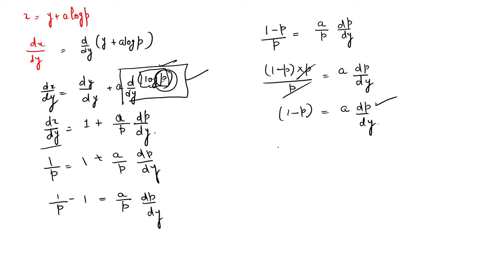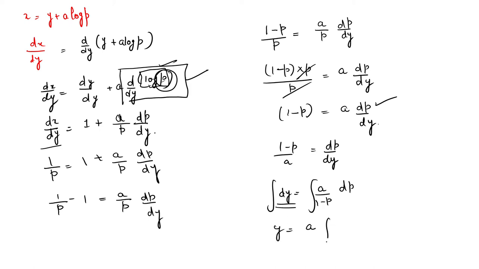How can I rearrange? (1 minus p) divided by a equals dp by dy, so it should be dy equals a over (1 minus p) dp. After this, you have to just integrate it out. If you integrate it, you will get y equals a times the integral.